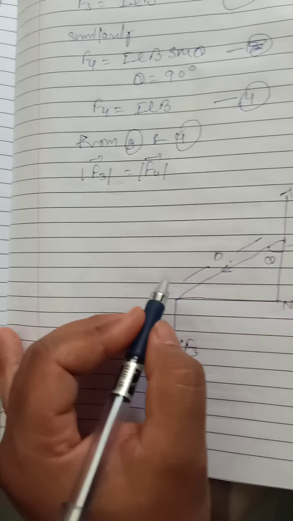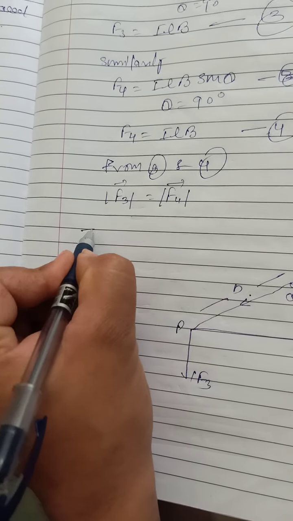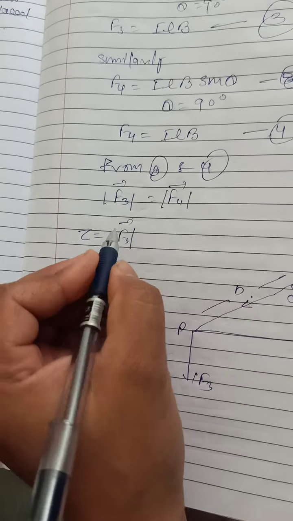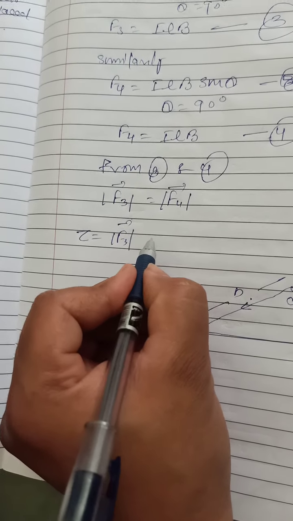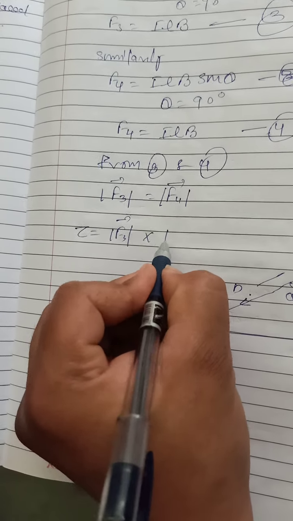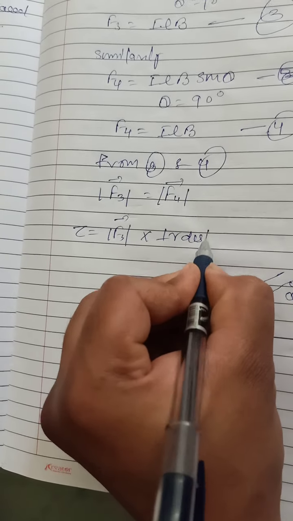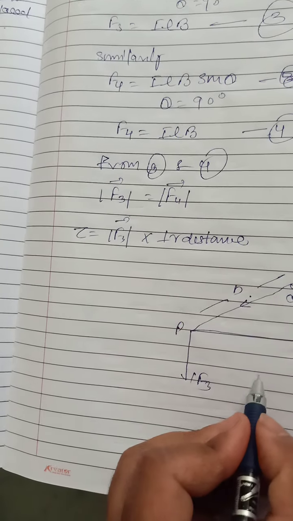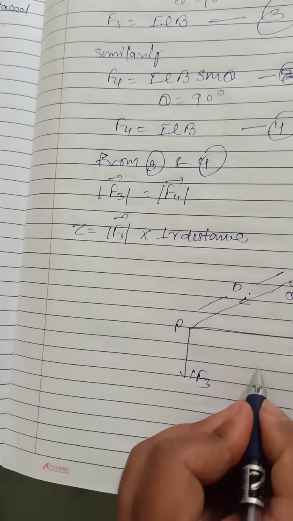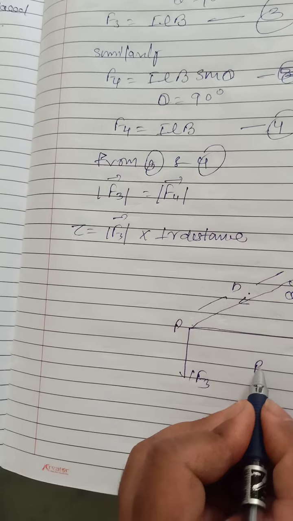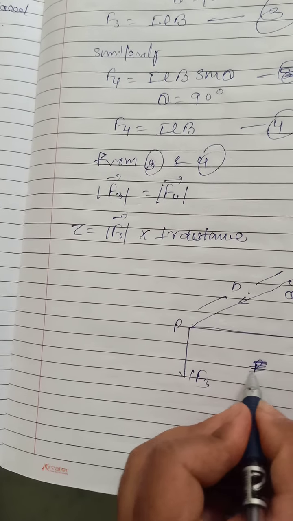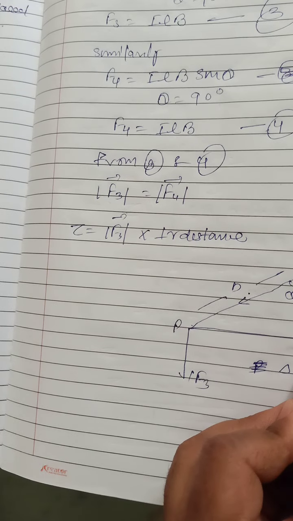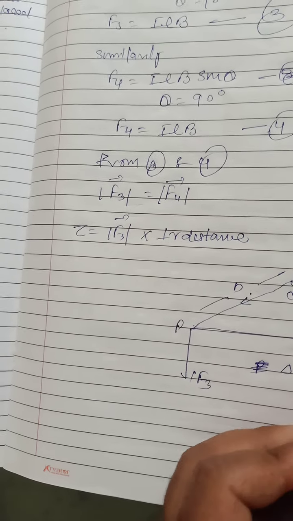Now what is torque? The formula of torque is the magnitude of either force, whether it is F3 or F4, both are same, times the perpendicular distance. Now what is the perpendicular distance? This is PN. So we have to find PN. How do we find it? Say triangle PSN.